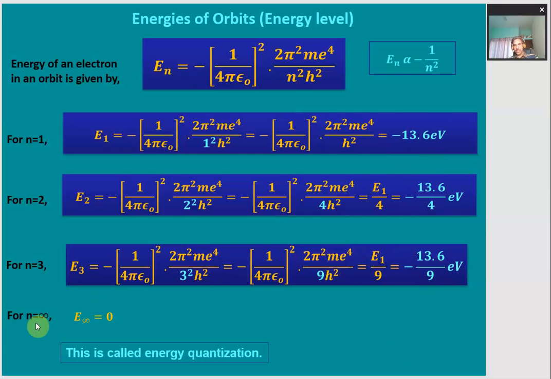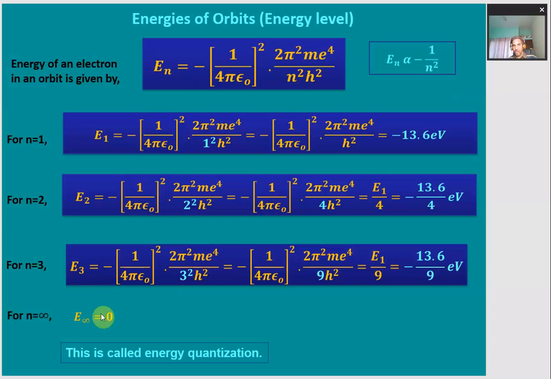And similarly for n is equal to infinity, because this energy goes on changing, and it is going to become more and more positive. This is the most negative energy. This is comparatively less negative, meaning a higher energy level. This is an even higher energy level. So for the energy level for which the principal quantum number n is infinity, which lies very far from the nucleus, the energy will be 0.